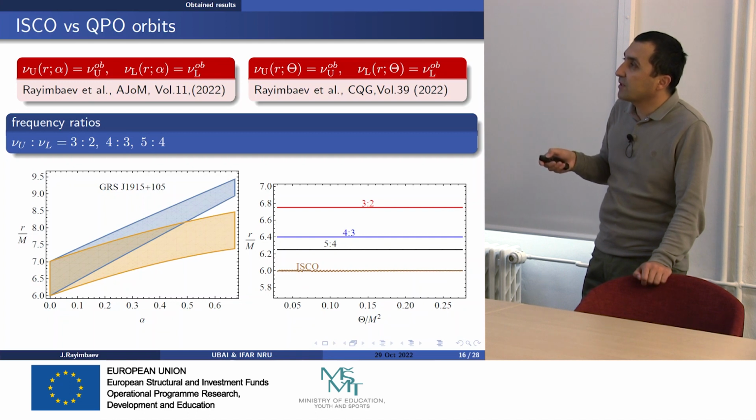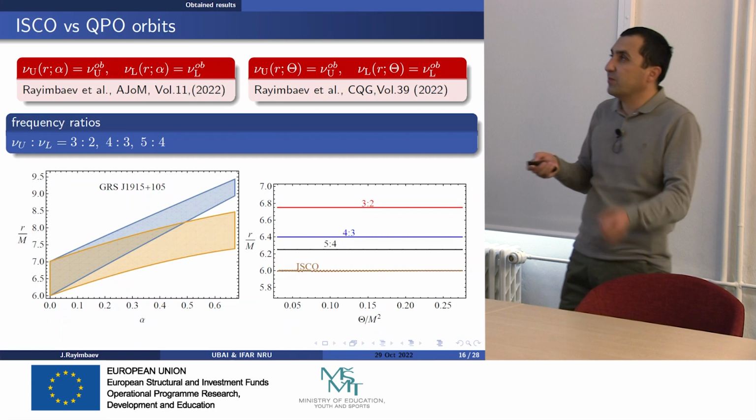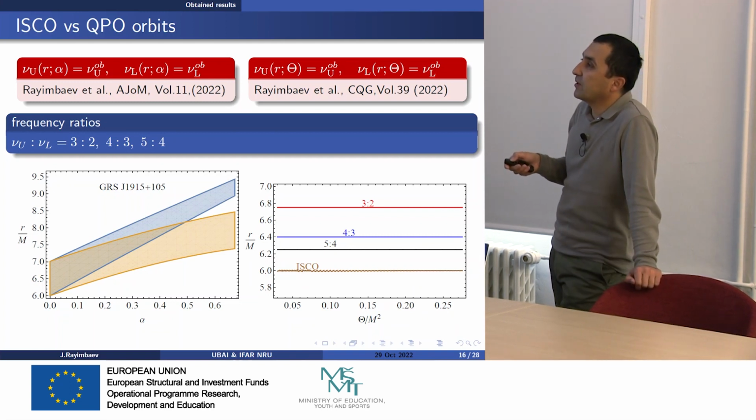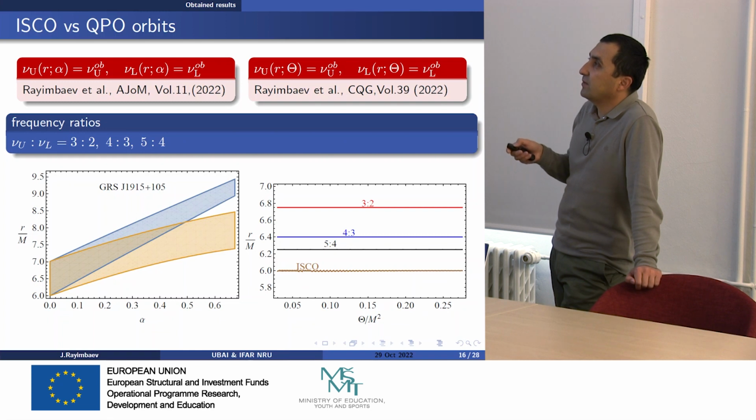If the alpha parameter is small, we cannot distinguish them. There is a degeneracy area for the measurements of radius, and if the parameter is large enough, so close to 1, the degeneracy disappears.